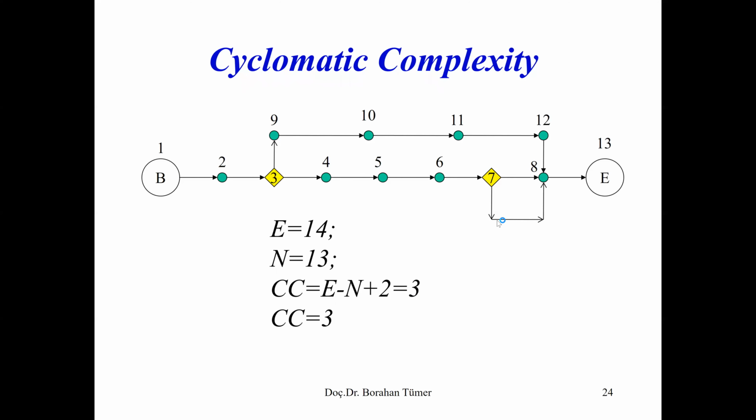Of course, since there are no nodes here, we count this as a single edge. So we have 14 edges. 14 minus 13, 1, plus 2, 3. So we must have 3 linearly independent paths here. Again, this is the first one, this is the second one, and this here is the third one.